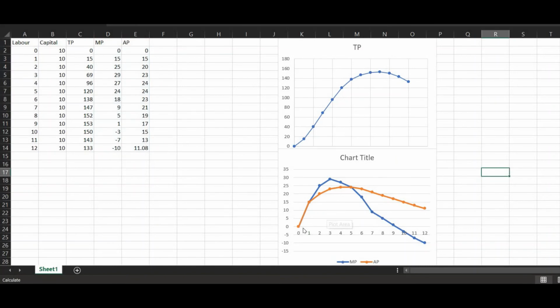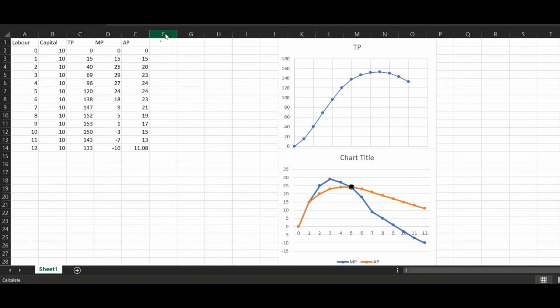Whenever you look at this particular point, I am marking this particular point. This is the point.